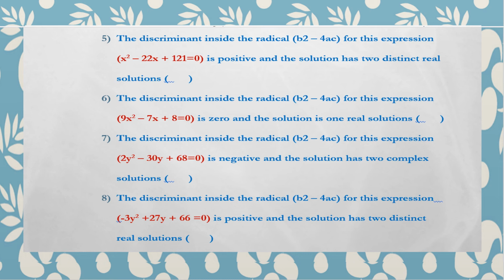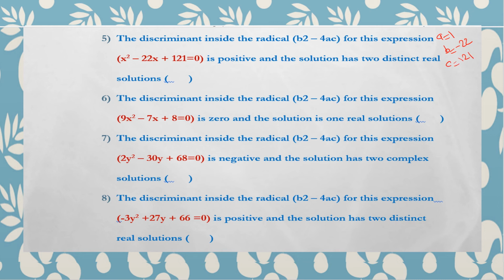Question 5, the discriminant inside the radical b squared minus 4ac for this expression is positive, and the solution has two distinct real solutions. We don't know. We should first find the value of the discriminant, and a equals 1, b equals negative 22 and c equals 121.